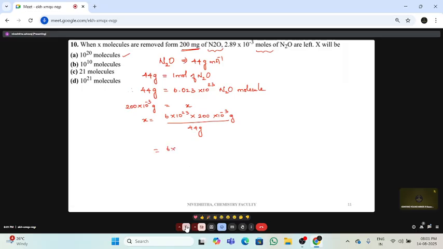So 6 into 10 power 23 into 2 into 10 power 2. 200 I'm writing it as 2 into 10 power 2 into 10 power minus 3 divided by 44.